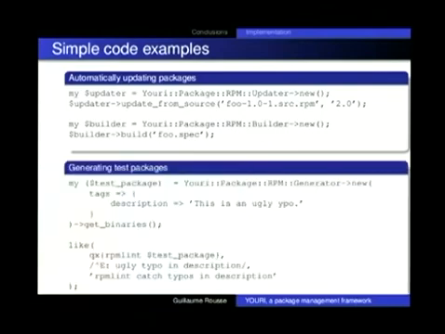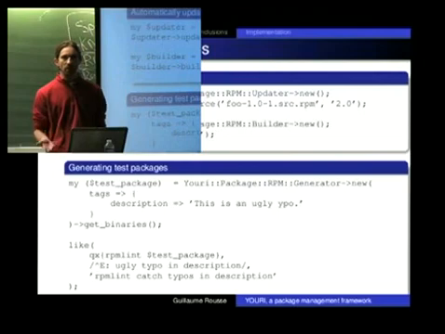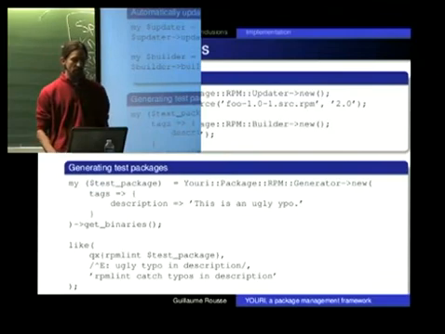You can also, with another module, automatically create a fake package for testing purposes. For instance, you have a tool, RPM lint, that is able to catch typos in descriptions. How do you test it in an automated manner, for instance, for regression tests?